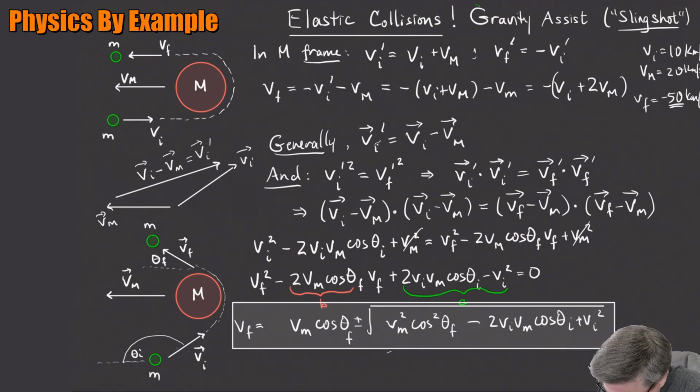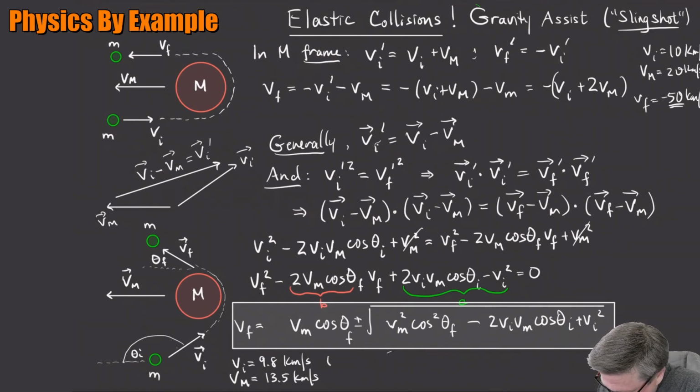And here we go. vi was about 9.8. This is all in kilometers per second. I'm running out of room, so I'll try to write a little smaller. vm, Jupiter's orbital speed, is about 13.5 at that point.